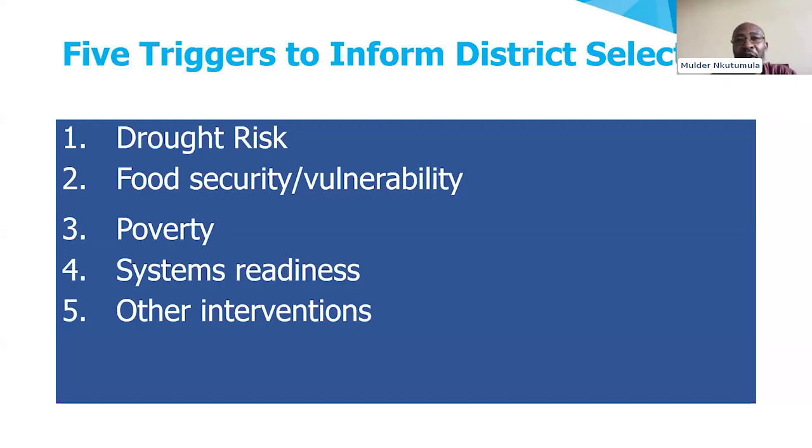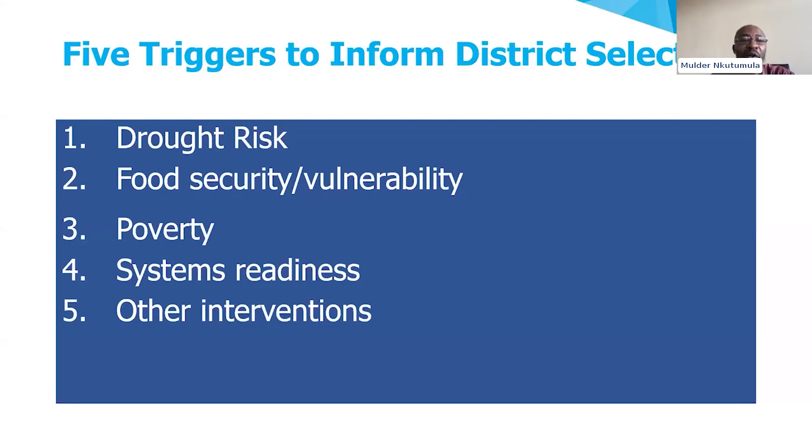We're talking about digital payments, because we don't want people to lose their dignity by lining up just to receive their money. Are the systems ready? Also, we looked at the other interventions by different stakeholders and players.